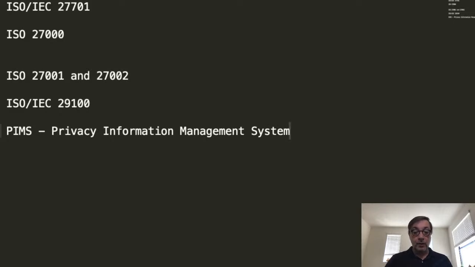In the form of an extension to the ISO 27001 and 27002 for privacy management within the context of the organization. So it specifies PIMS related requirements and provides guidance for PII controllers and PII processors holding responsibility and accountability for PII processing. Okay, makes sense?